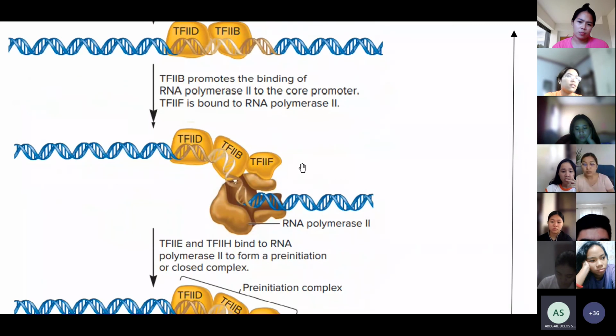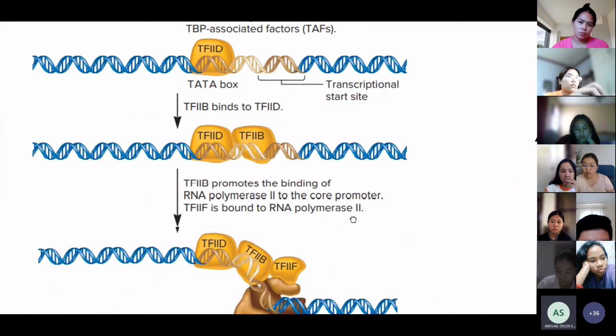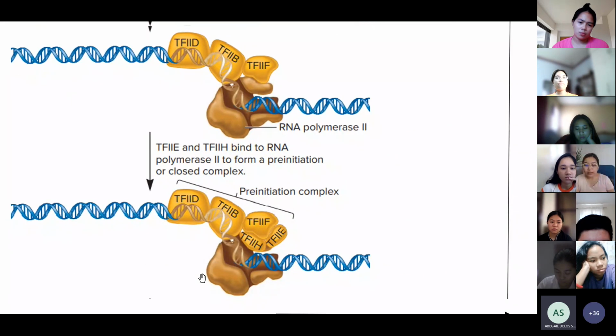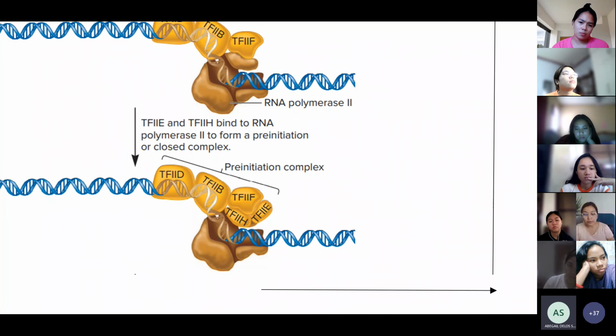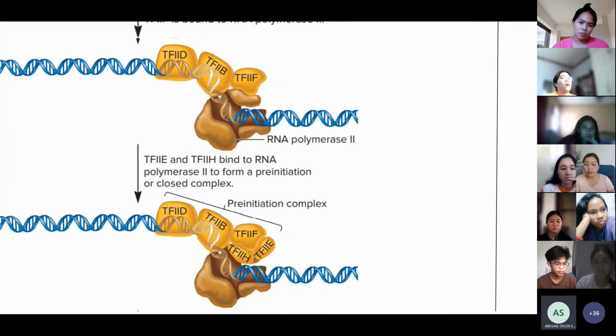Once we have our RNA polymerase II, your TFIIF would also bind to the RNA polymerase II. This entire complex is called the pre-initiation complex. It is composed of TFIID, TFIIB, TFIIF, TFIIH, and TFIIE, together with your RNA polymerase.